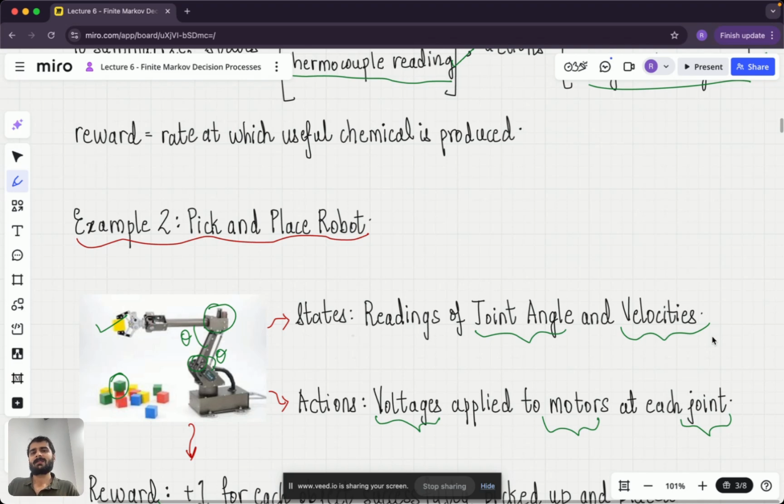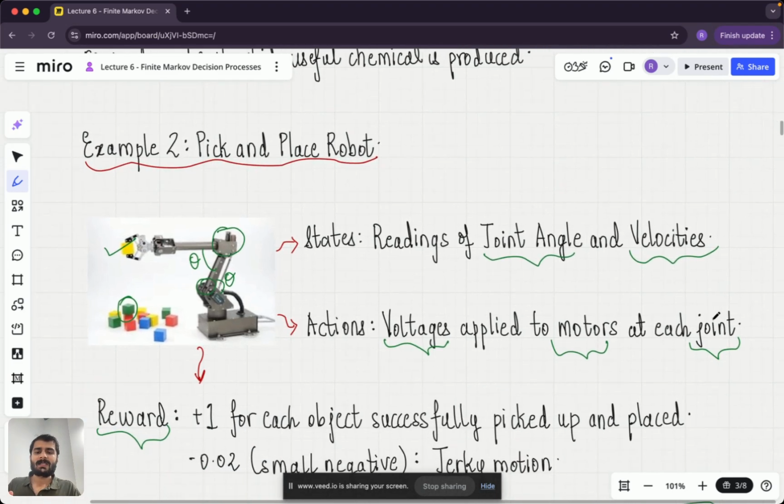My reward is going to be +1 for all the objects that I have picked up and placed. And I'm going to assign a small negative reward for a jerky motion, which means that I'm going to penalize my robot if it does some weird actions and manages to pick up objects. I want it to pick up objects, but in a smooth and steady motion.